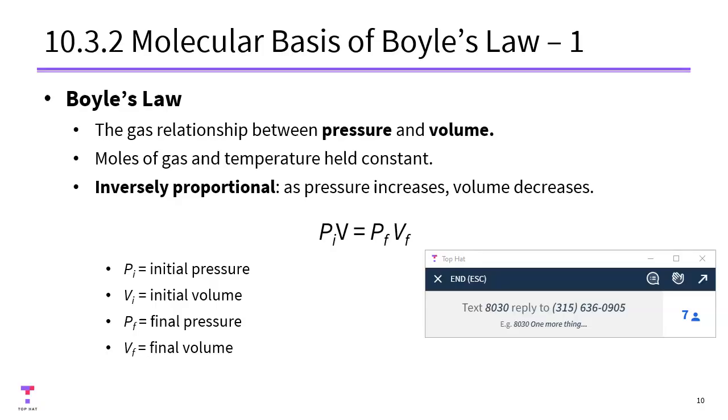And this is a direct relationship, but in reverse. So if I increase the volume by a factor of 2, the pressure goes down by a factor of 2. If I increase the volume by a factor of 3, the pressure goes down by a factor of 3. It's a direct relationship, but in reverse. That's what it means to be inversely proportional.